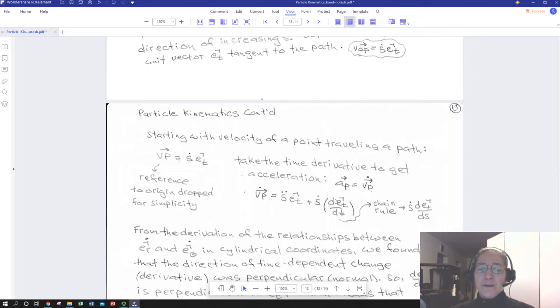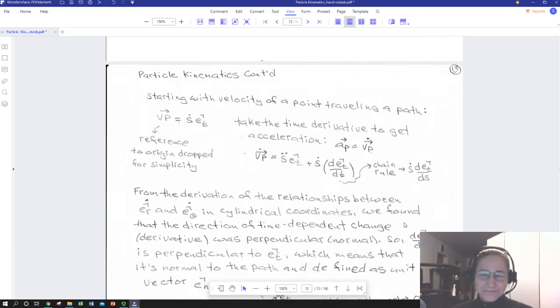The first time derivative of our tangent unit vector is again s dot times the derivative of our tangent unit vector with respect to s, not t. So basically ds/dt times d t hat/ds is going to be equal to d t hat/dt. So it's a chain rule.